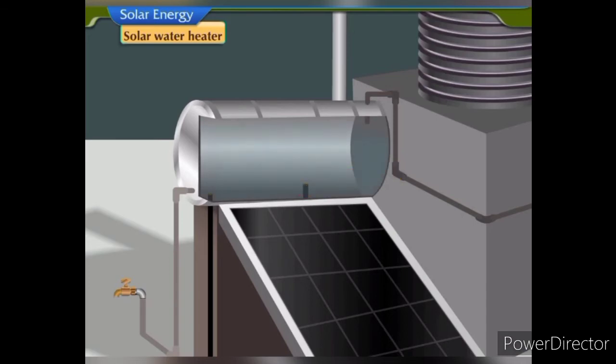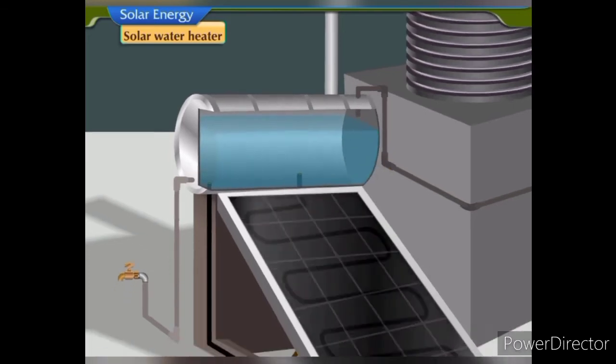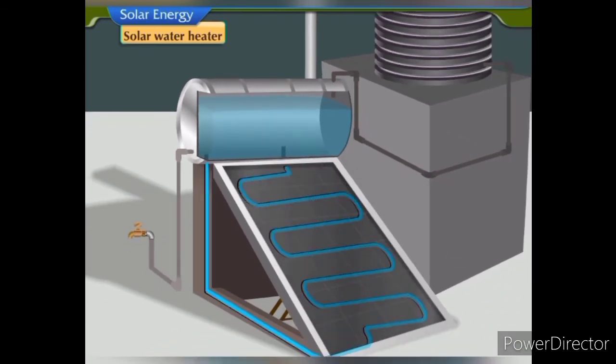The water in the tank continuously circulates through the copper pipe due to small pressure difference between the two ends. As water slowly moves through the copper pipe, it absorbs solar radiation and gets heated. The hot water again goes into the tank, while the cooler water enters the copper pipe from the lower end.